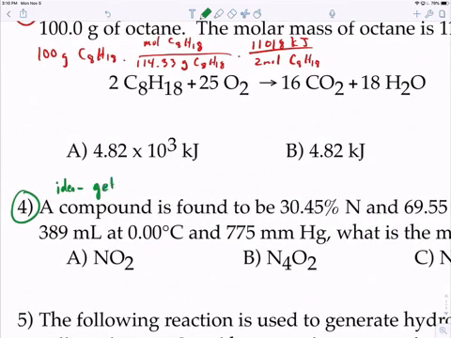So get the empirical formula. The empirical formula is the lowest ratio.